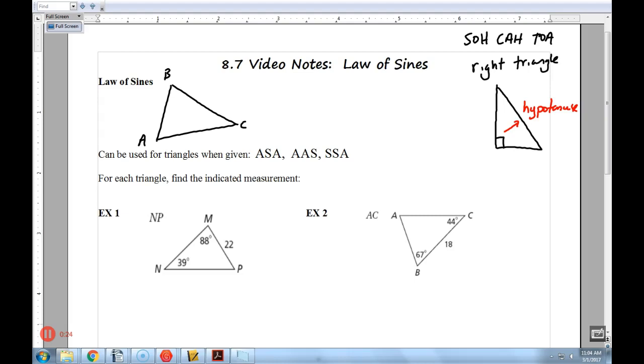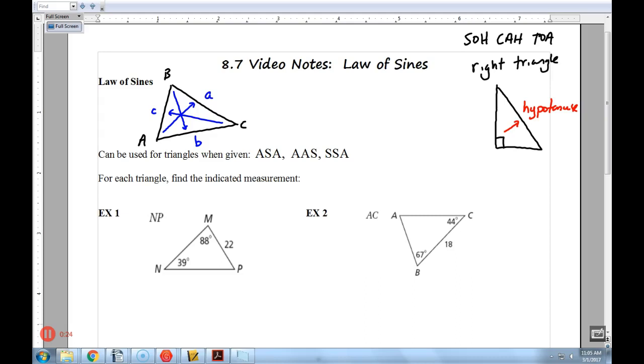If this is angle A, across from it we're going to name that side little a. Similarly, across from B we refer to this side as little b, and across from angle C is side little c. So A's across from A, B's across from B, C's across from C.